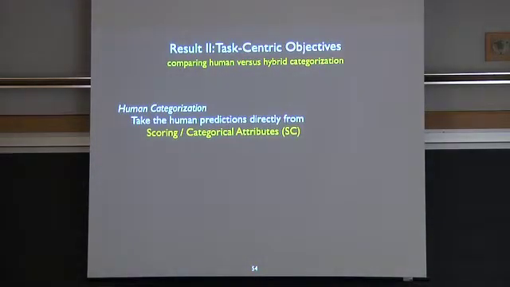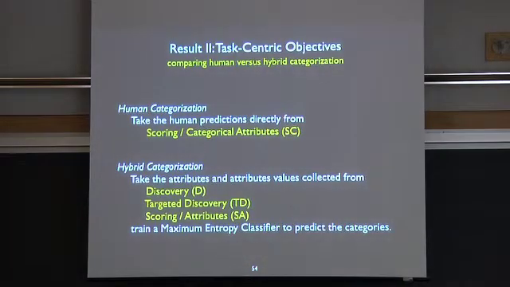So the idea is to compare human categorization, which corresponds to the first version I told you about, with a hybrid categorization approach, where you allow people to just enter things as they wish, and then you take the data and learn a classifier to predict the attributes we're interested in.